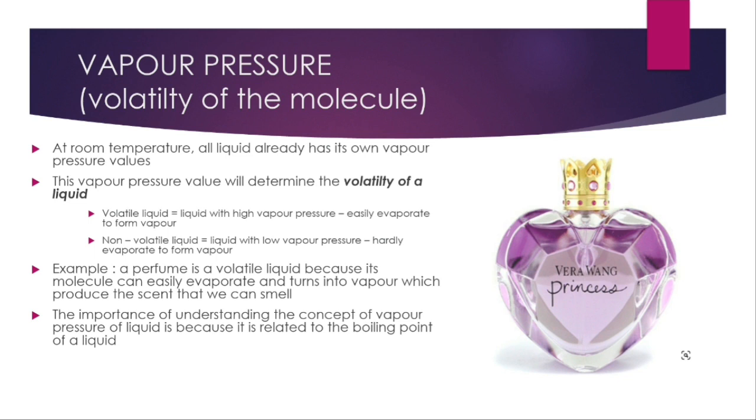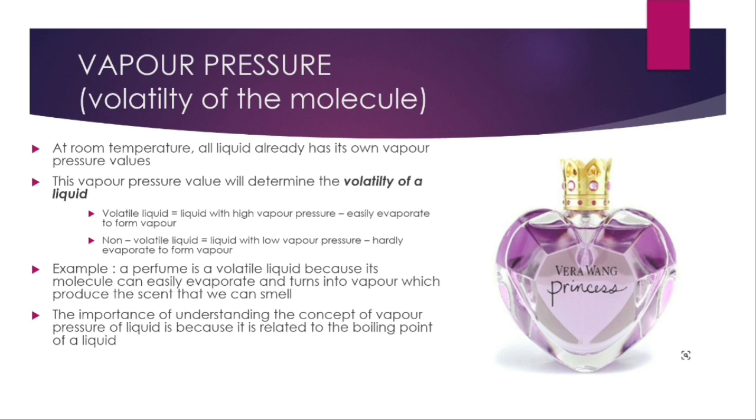Low volatility means it takes longer to transform from liquid into gas. In the lab, we always classify liquids as volatile or non-volatile, and I already talked to you about this during our lab session. Any volatile liquid that you need for an experiment will be kept in the fume hood, but non-volatile liquid we can normally just place on our bench.